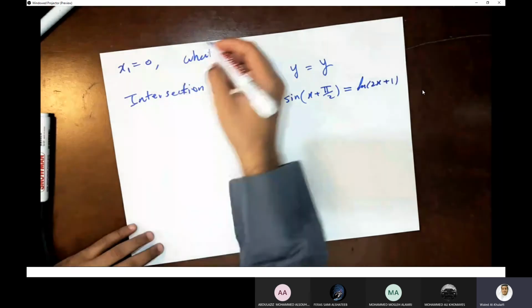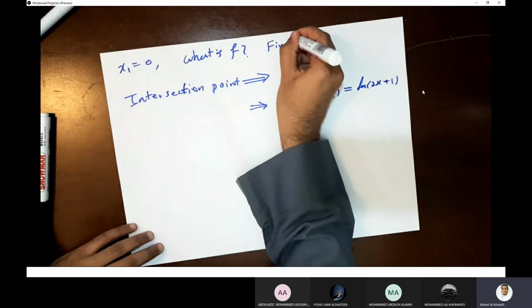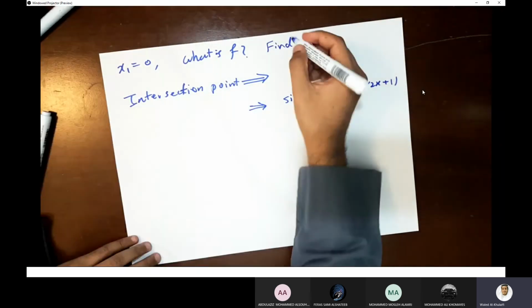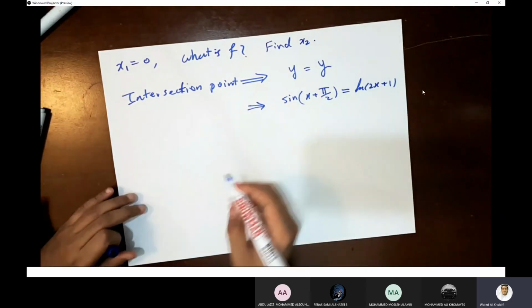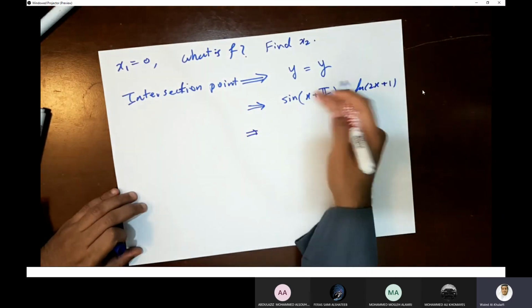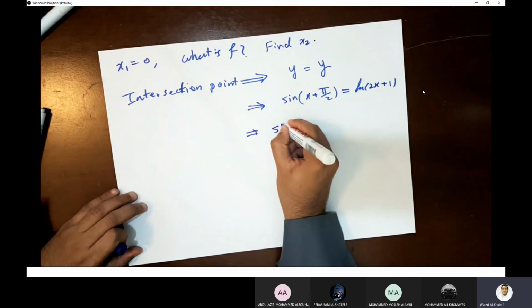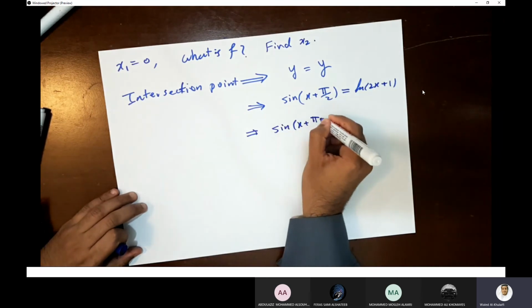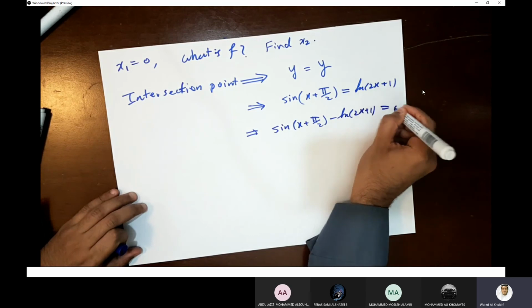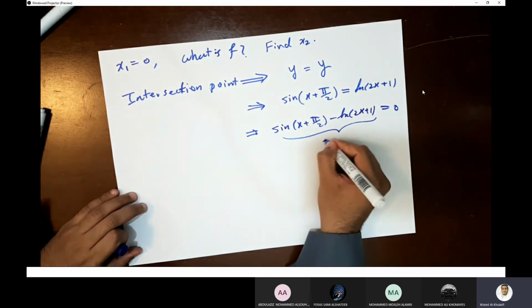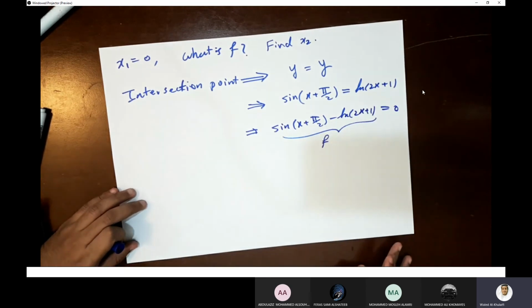Of course, the question is find x2. So what you will do, you move one of the functions to the other side. So we have, for example, sine x plus 5 over 2 minus ln 2x plus 1 is equal to 0. We call this f.